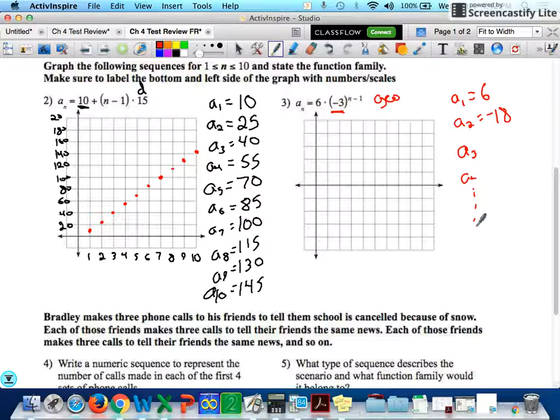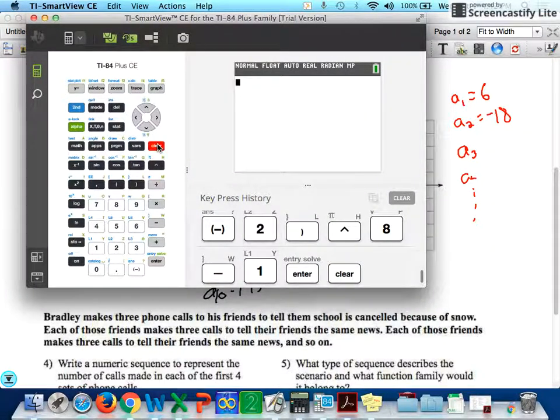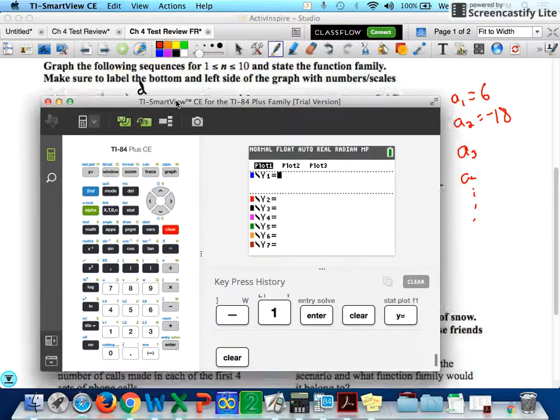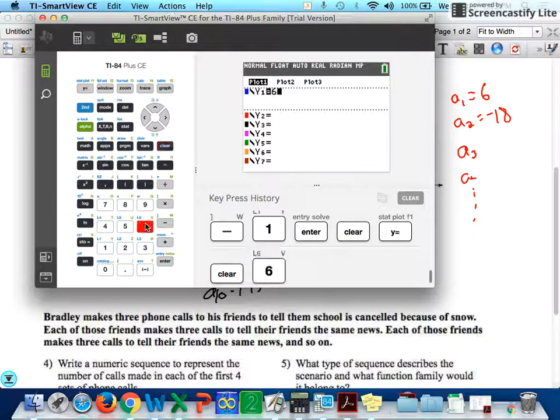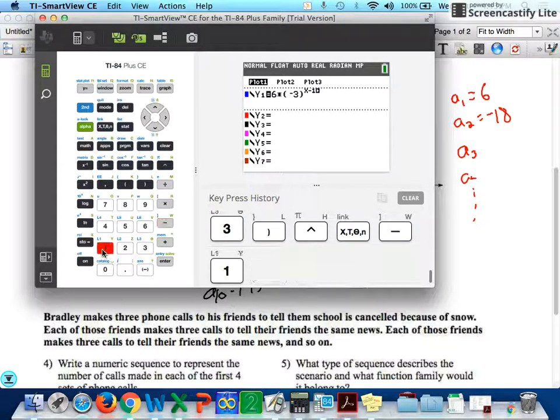Now, though, I also want to show you the quick shortcut way I showed you earlier, which is you can do these in the calculator and let your table function tell you the answer. You have to go into your graph, okay? And we want to type out that information, which is 6 times, open up your parentheses, -3, close them up, raise it to the n-1, but we don't have n-1. We have x-1, okay?